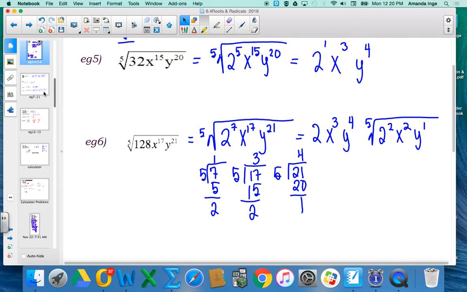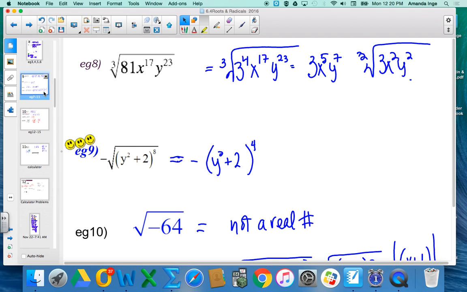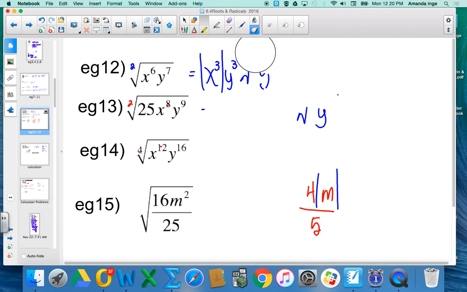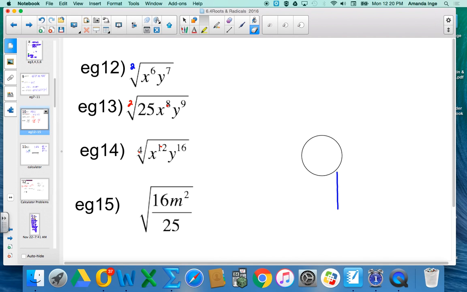Looking down at some other examples, these are all pretty much what we've already done. But I would like to look at this problem, number 15. So we'll do numbers 12 through 15.